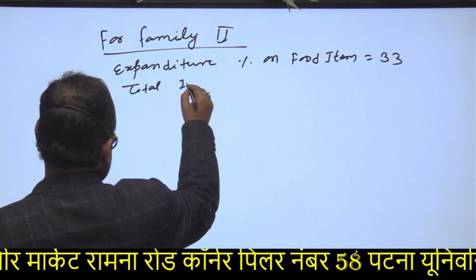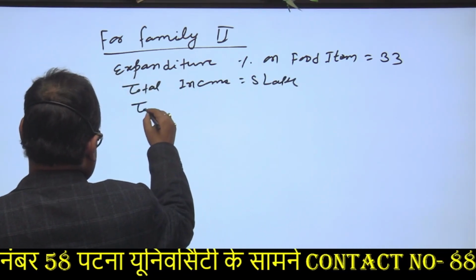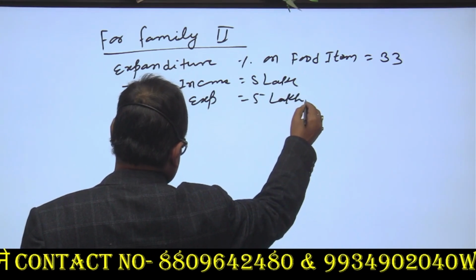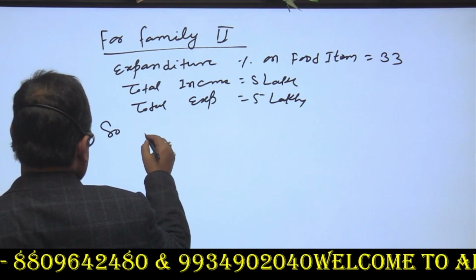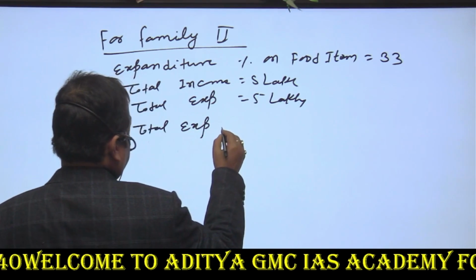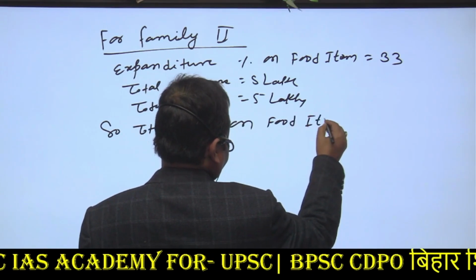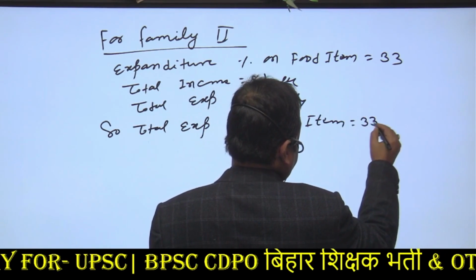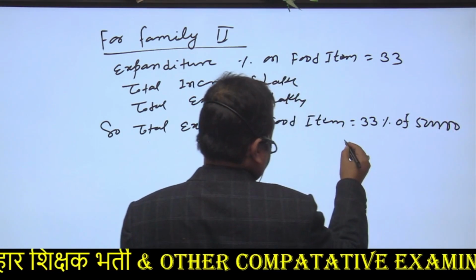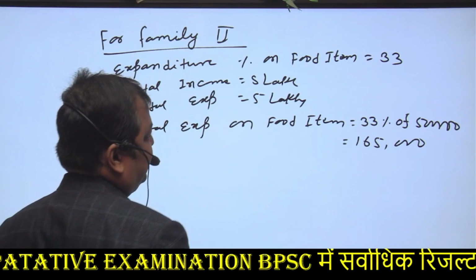Total income 5 lakhs, total expenditure 5 lakhs. So total expenditure on food item equals 33% of 5 lakhs, which equals 165,000. This operation is done by calculator.